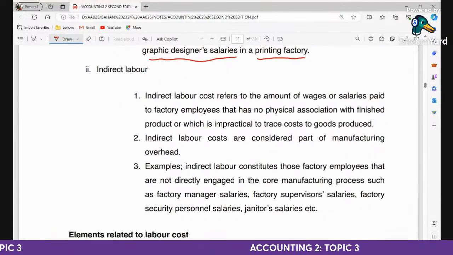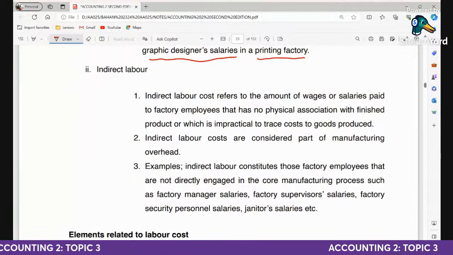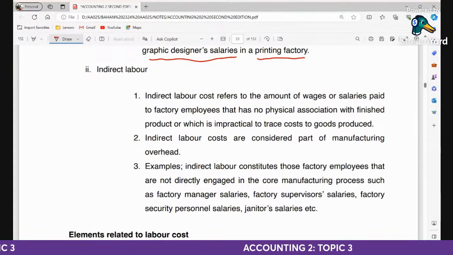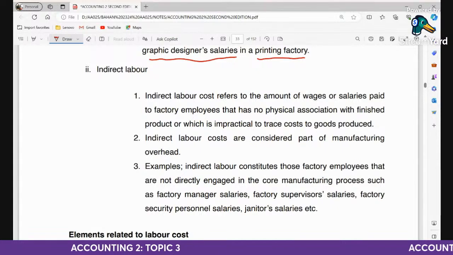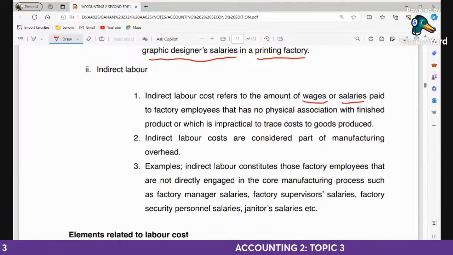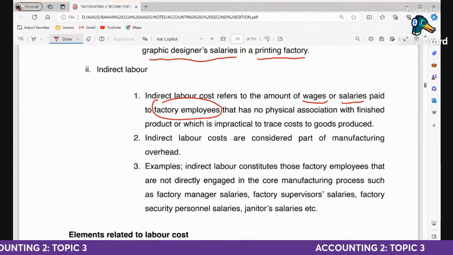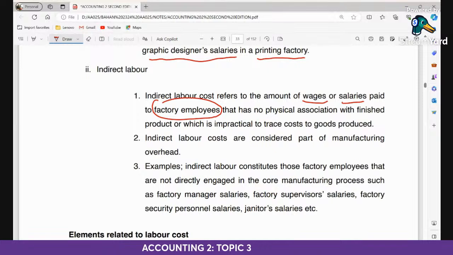Whereas untuk indirect labor, kalau you tengok indirect labor dekat sini, alright, it is the same thing actually. It's a cost that we are paying in amount of wages ataupun salaries, tapi kita bayar kepada factory employees yang tidak ada direct association with the finished products, which is impractical to trace cost to goods produced.